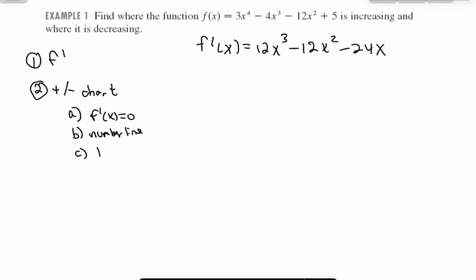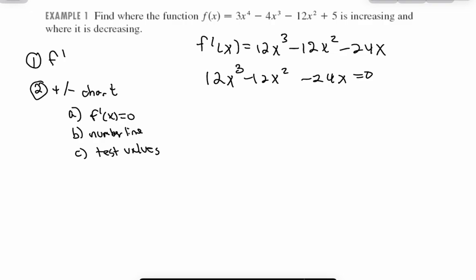You want to make test values. And before we go further, let's do that A, B, and C of making our plus and minus chart. Okay, so we're going to set our derivative equal to 0, and if at all possible, you want to factor.